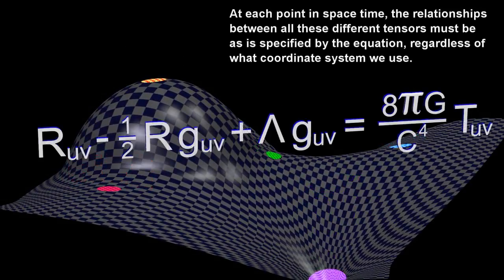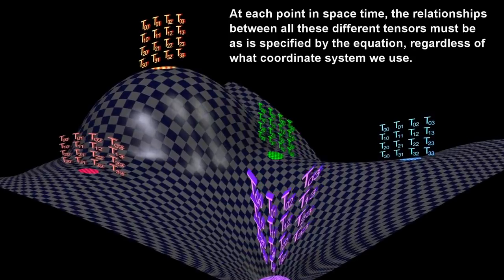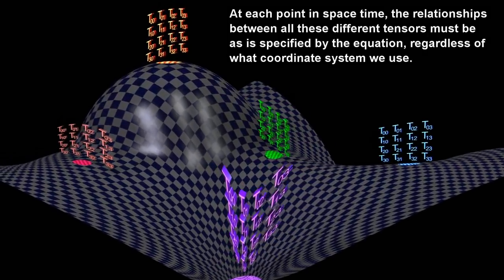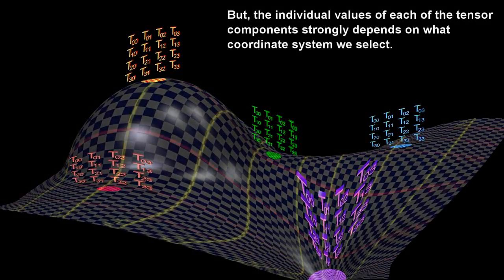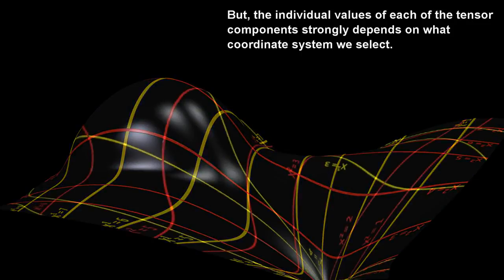At each point in space-time, the relationships between all of these different tensors must be as is specified by the equation, regardless of what coordinate system we use. But the individual values of each of the tensor components strongly depends on what coordinate system we select.